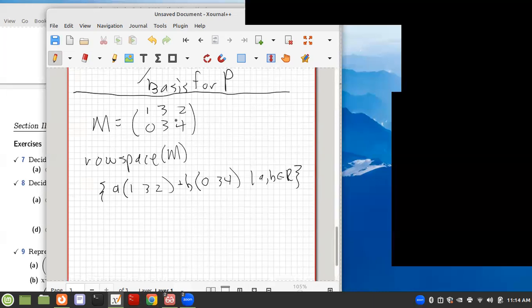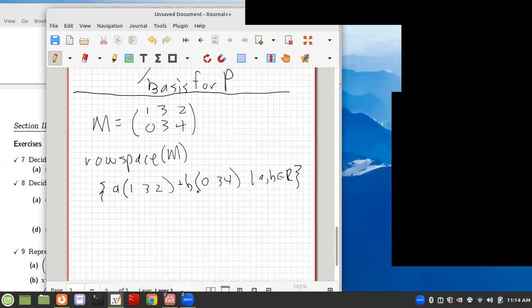Now, we can also talk about the dimension of this space, and a basis for row space. Since this is an echelon form, one feature is that these vectors are linearly independent, in the sense that if I set this linear combination to 0, that would force A and B to be 0. There's no way to write one as a multiple of the other.